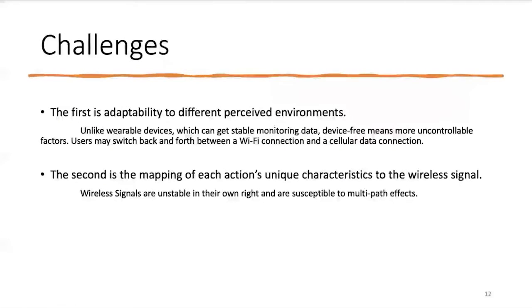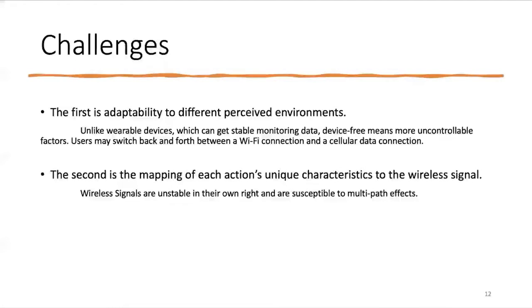Okay, there are also some challenges here. The first is the adaptability to different perceived environments, because unlike a wearable device, which can get stable monitoring data, device-free sensing means there are more uncontrollable factors.